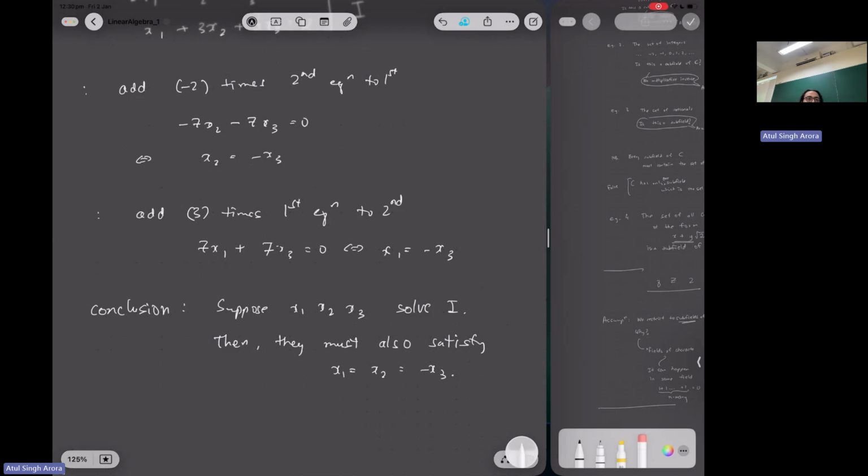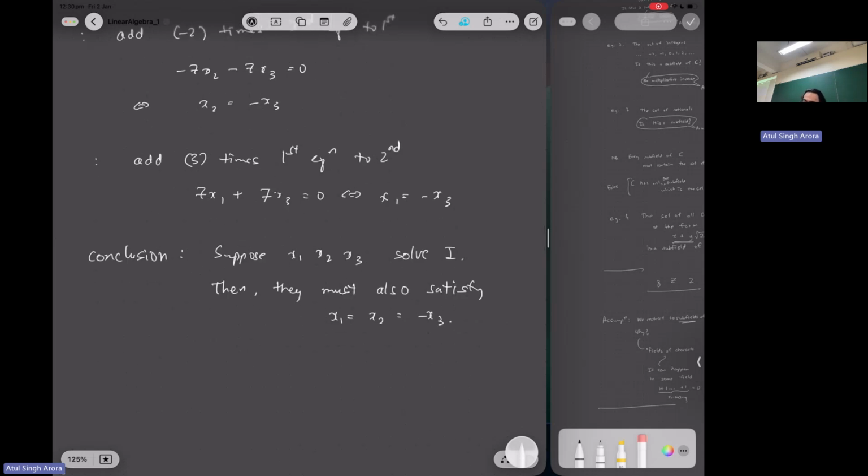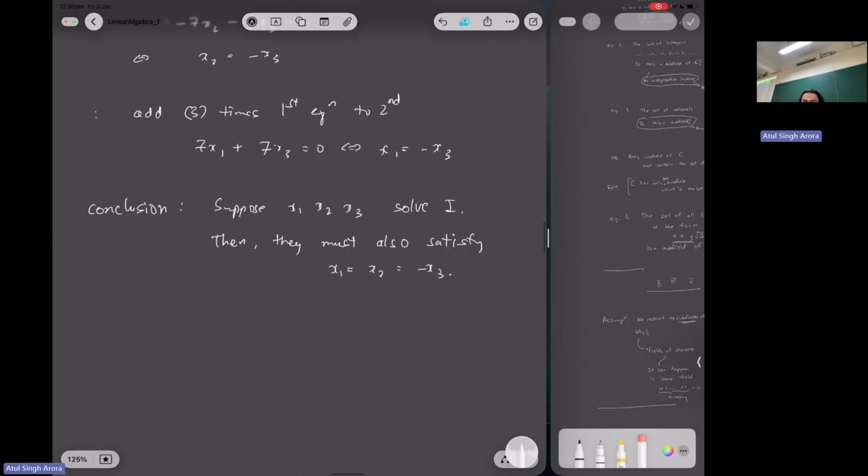This is obvious because if it solves it, then if you add or subtract the equations, that will also be a solution. So whatever conclusions we drew from adding and subtracting them will also hold, so that is fine.